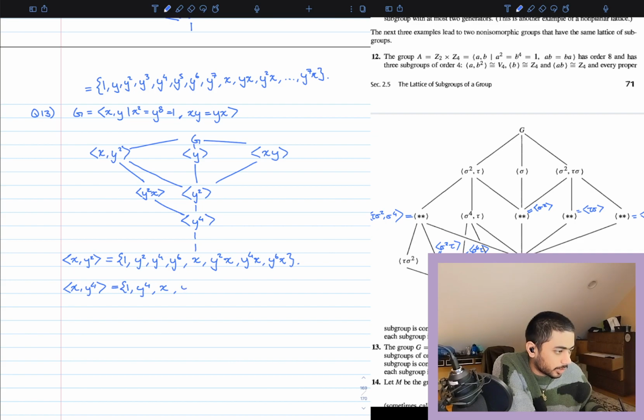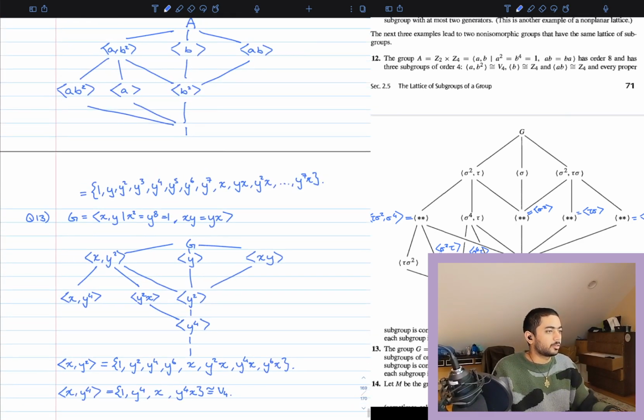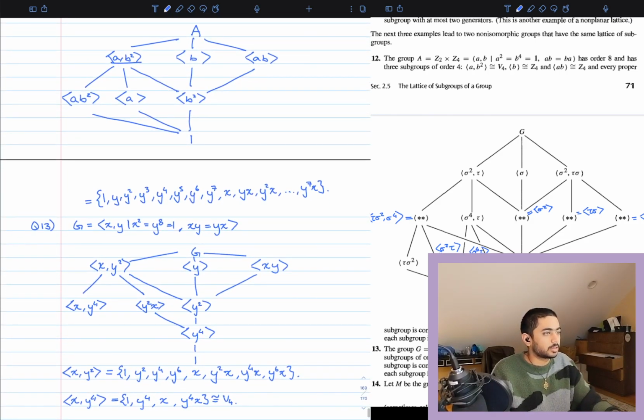And then you've got y to the 4 x. So look, this really is isomorphic to V4, the Klein group, because multiplying any two of them gives you the other one. Multiplying these two gives you this. Multiplying these two gives you this. So over here, we've got x with y to the 4. Like that. And that was a Klein four-group, which means it itself is going to have 3 subgroups.